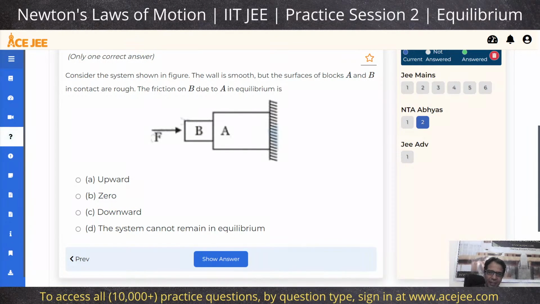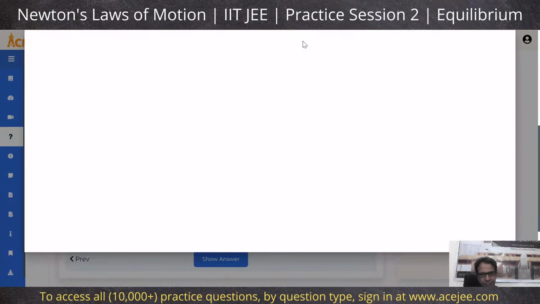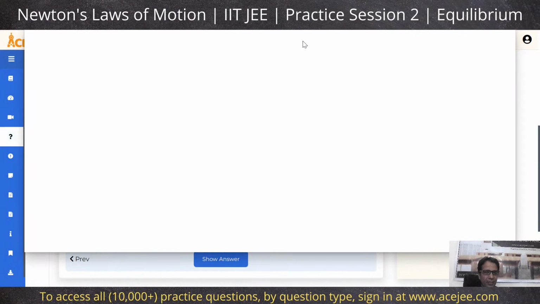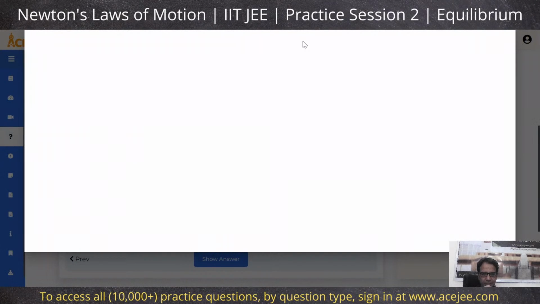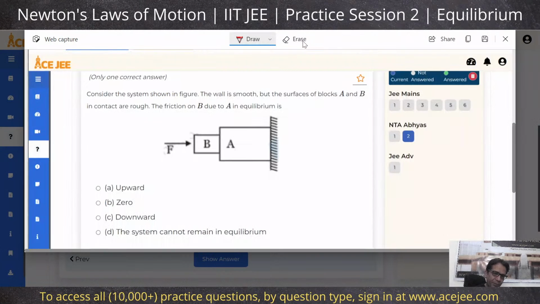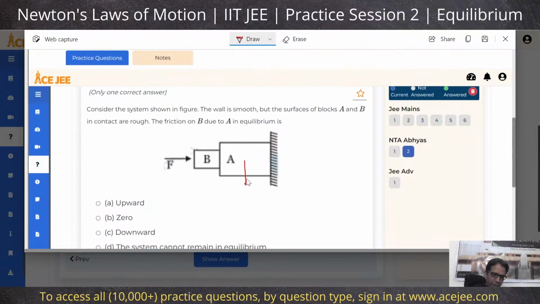If both are falling with the same gravitational acceleration, then there is no tendency to slide. If both the masses start to fall with the gravitational acceleration g, because after all this force mg is in the vertical direction.